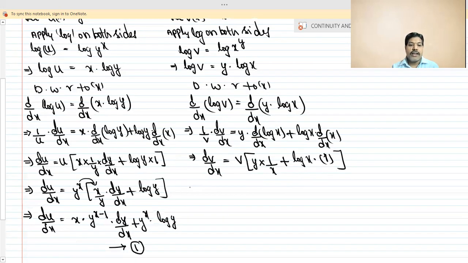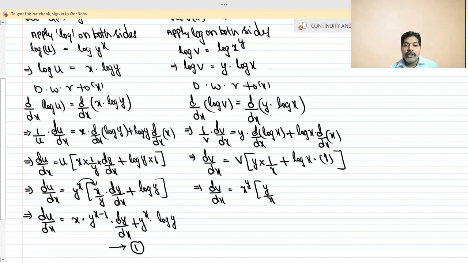What is the v value, students, here? v is nothing but x power y, so you can take x power y into y by x. Here we made some mistake, students.